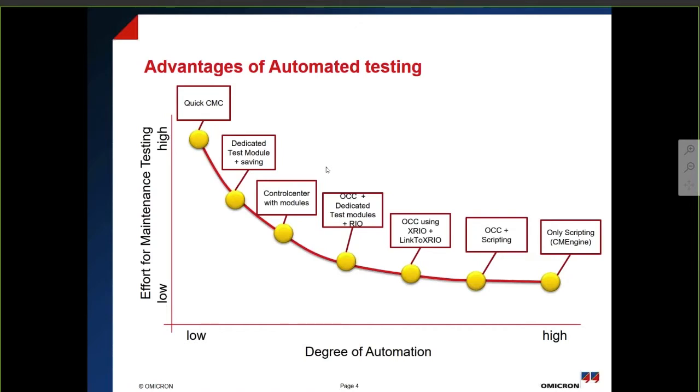So quick CMC, yes, it is less degree of automation but highest effort, and then dedicated test module, it is less automation and less effort. Little higher automation and less effort. Then control center and OCC and OCC XRIO and the scripting and the CM engine. So it is vice versa. If you increase the automation, you will have higher complexity, but at the same time later on you will have less effort to do the maintenance testing.